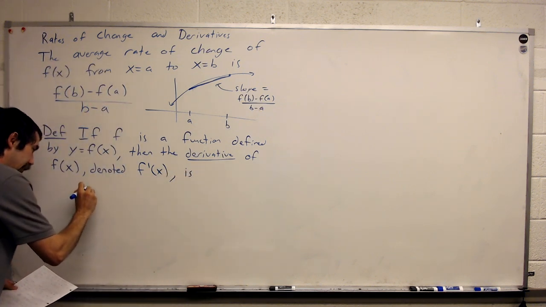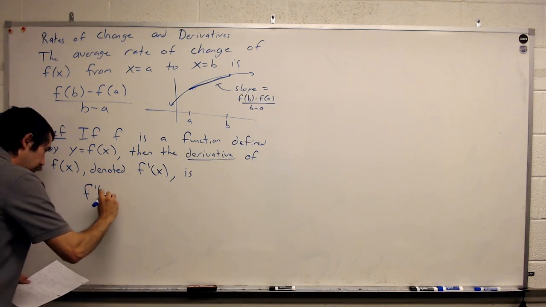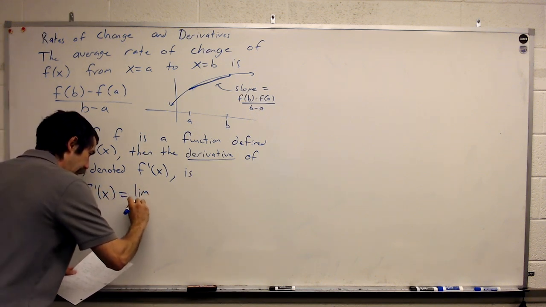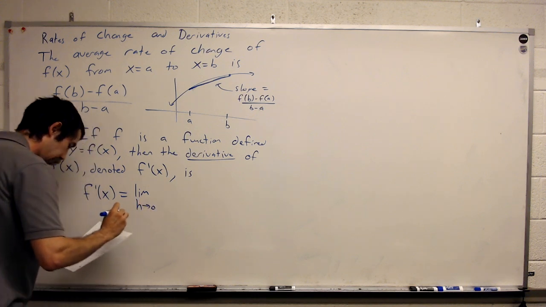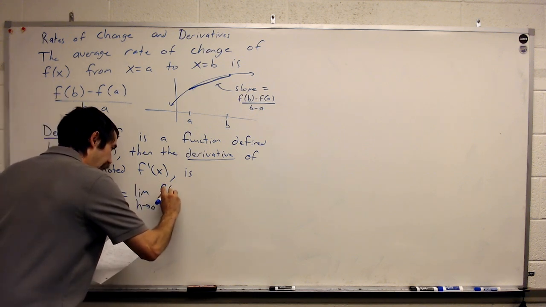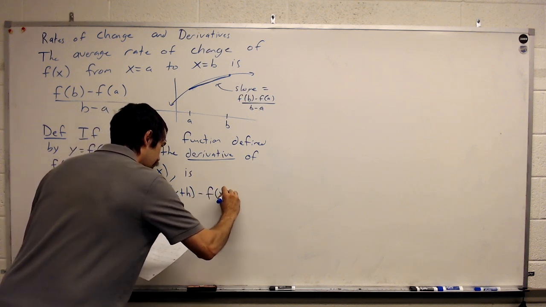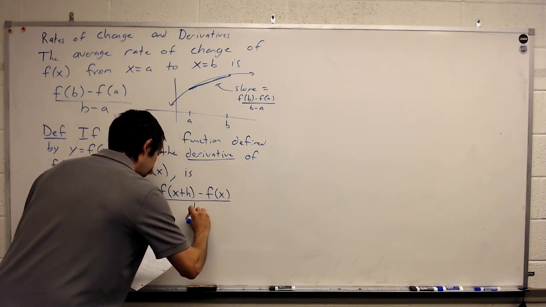F prime of x is equal to the limit as h goes to 0 of f of x plus h minus f of x, all over h.